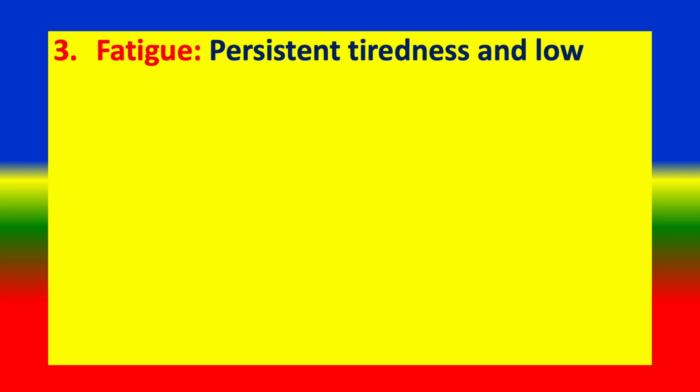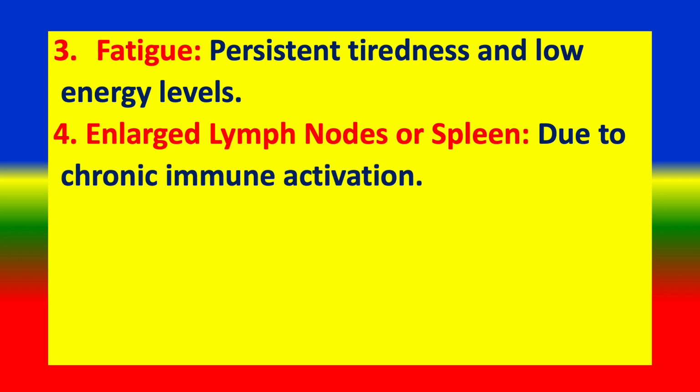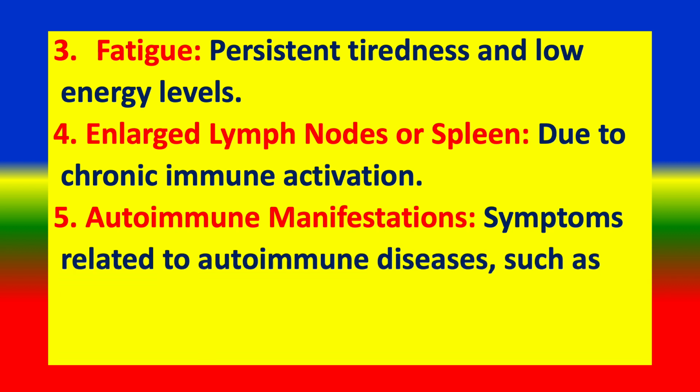Fatigue, persistent tiredness and low energy levels. 4. Enlarged lymph nodes or spleen due to chronic immune activation. 5. Autoimmune manifestations, symptoms related to autoimmune disease such as joint pain and rashes.